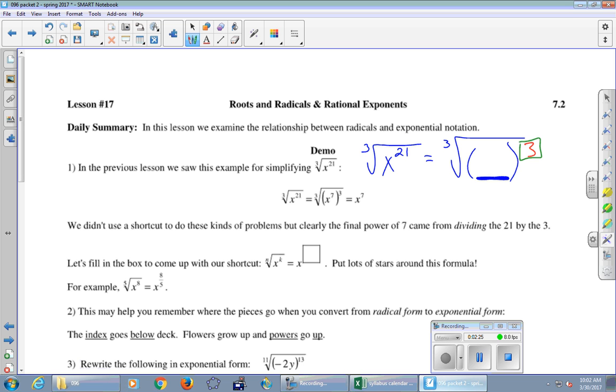But there's only one right thing to put in here. You have to still make the stuff inside equal to x to the 21st. So it is going to be x to some power. What happens to these powers? Add or multiply? Multiply. What's the magic number here so that you still have 21? Siete in English. 7.